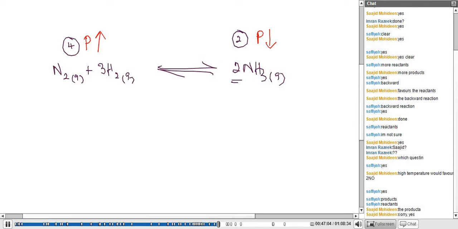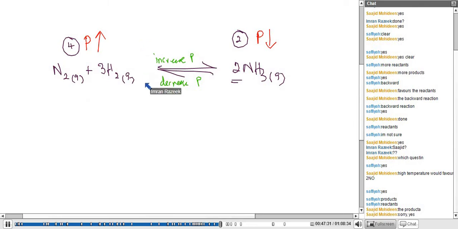If you increase the pressure, the system will adjust to decrease pressure. Decreasing pressure means it will be the product side, so the product side pressure is less. So if you increase the pressure, the system will adjust to decrease pressure by favoring the forward reaction. Likewise, if you decrease the pressure, the system will tend to increase the pressure by favoring the reactant side.